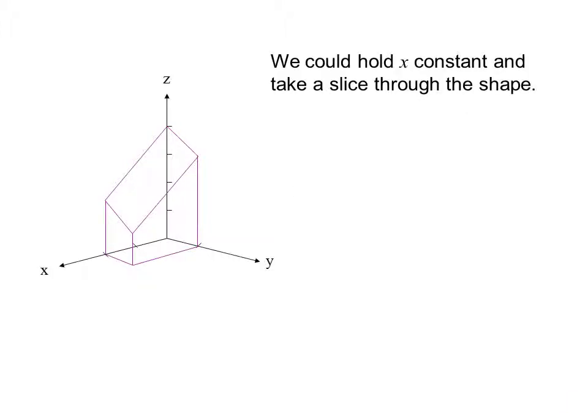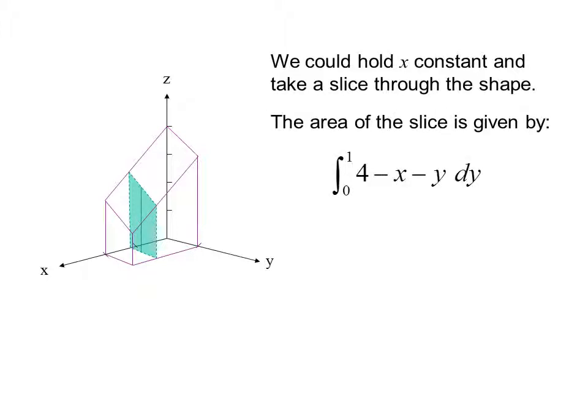We could hold x constant and take a slice through the shape. The area of the slice is given by the integral from 0 to 1 of 4 - x - y dy.